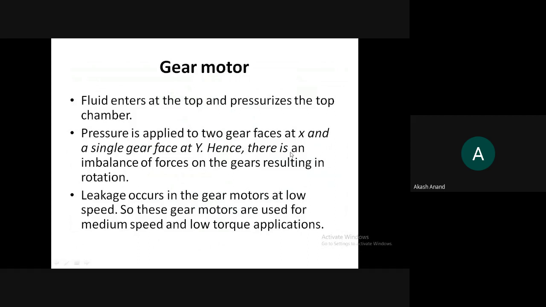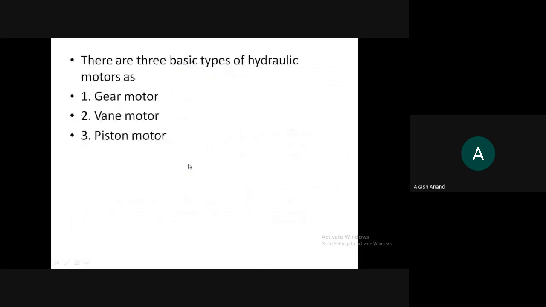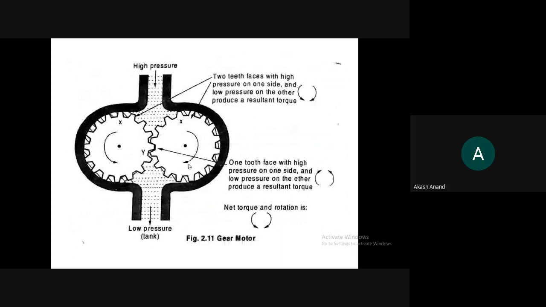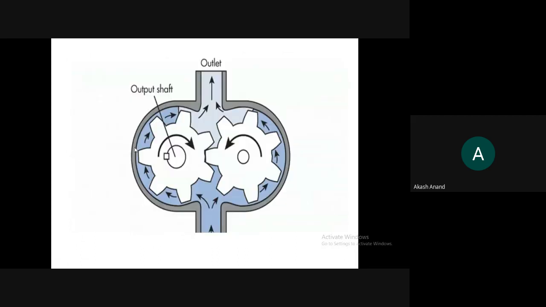So there is an imbalance. When the pressure is applied to two gear faces at X and a single gear face at Y, a high pressure region will be created at X and a low pressure region will be created at Y. This pressure difference is generated here, and due to the pressure difference, the gears will rotate.